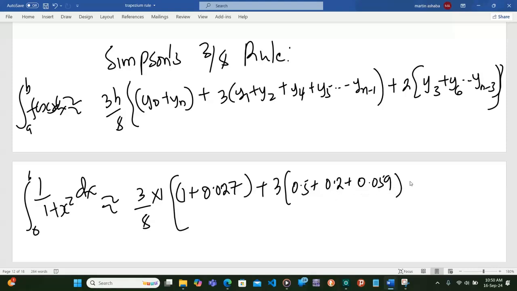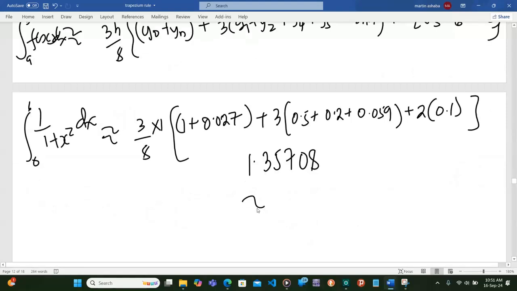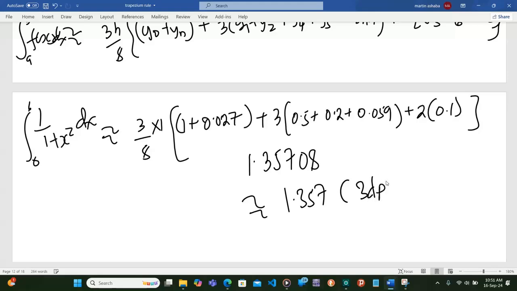Then plus 2 into y3, because y3 is what we only have, and y3 is 0.1. So let's do the computation and see. This gives me 1.35708, so this approximates 1.357, to 3 decimal places.